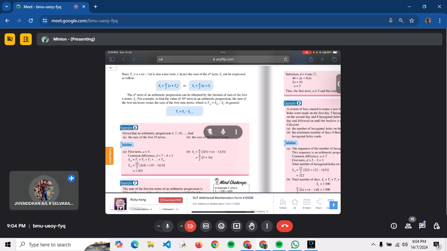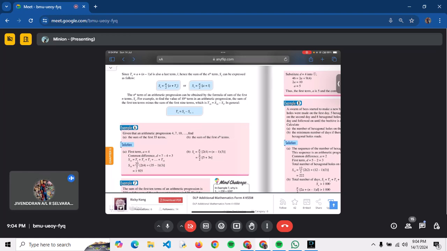So you can insert the information into the formula. S35, the n is 35, so S35 equals 35 over 2, in bracket 2 times 4 plus 35 minus 1 in bracket 3 close bracket, close big bracket. Using the calculator you get the answer 1925. That means the total sum of the 35 terms is 1925.